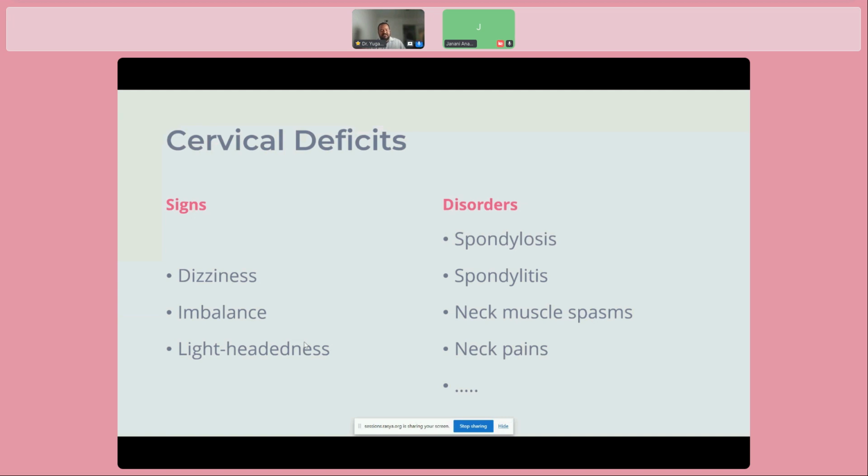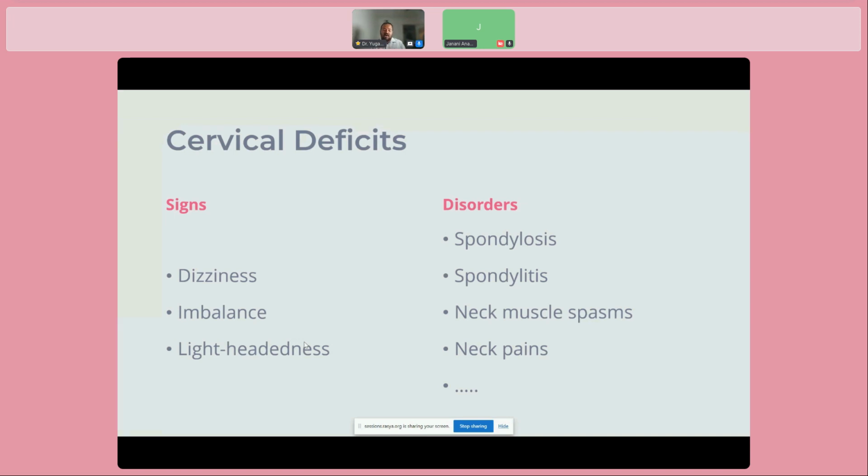So what are the common signs that you see if a patient has cervical issues, such as neck issues, or a combination of cervical and vestibular issues? Usually it's dizziness. Not many people complain about vertigo, and then it could be imbalance or lightheadedness as well. But what are the common disorders that can induce these? It could be spondylosis, spondylitis, neck muscle spasms, and neck pains.